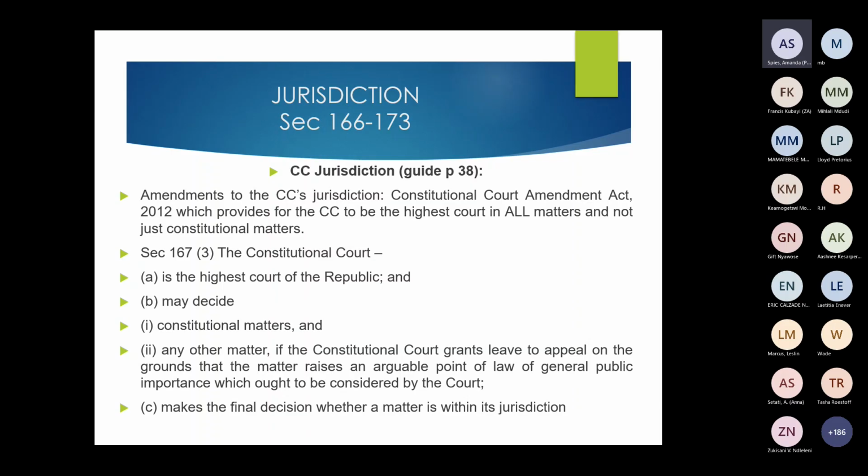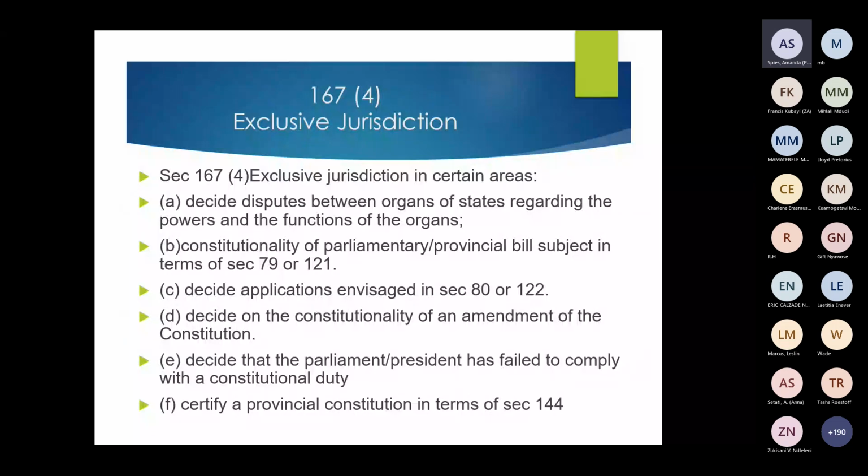So still the court will not allow, and they're very strict, just any matter to be heard by the court. And remember, obviously, the Constitutional Court is an appellate court, so it needs to raise an arguable point of law of general public importance. It makes the final decision whether a matter is within its jurisdiction.